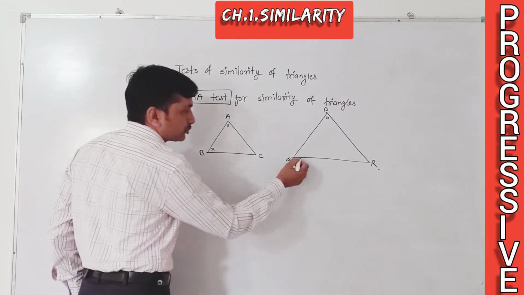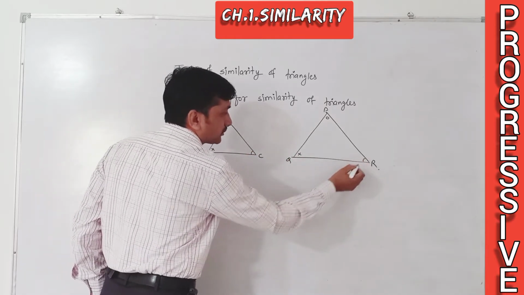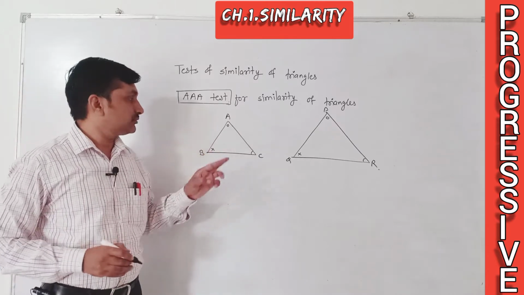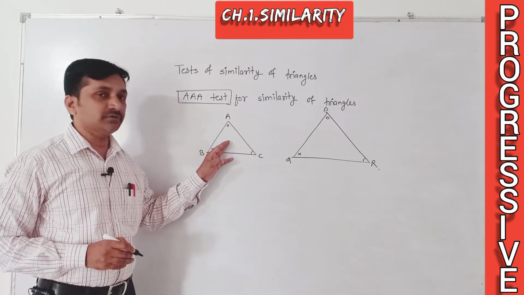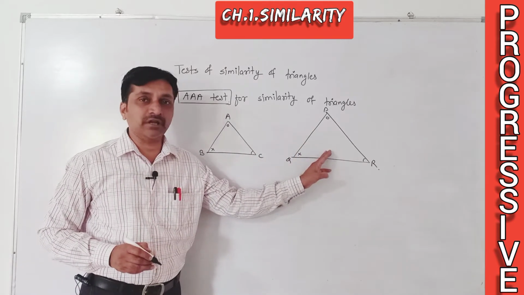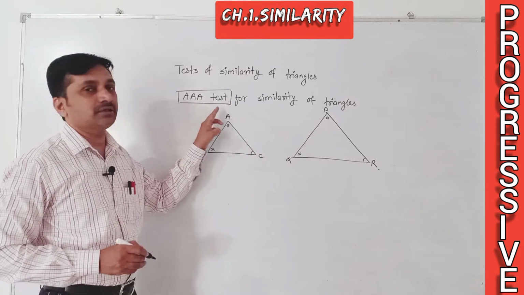B should be congruent with Q and C should be congruent with R. These are three corresponding angles. If three corresponding angles of one triangle are congruent with corresponding angles of the other triangle, then these two triangles are similar by the AAA test.